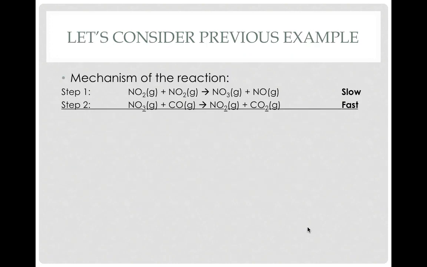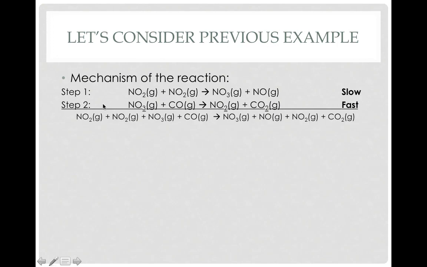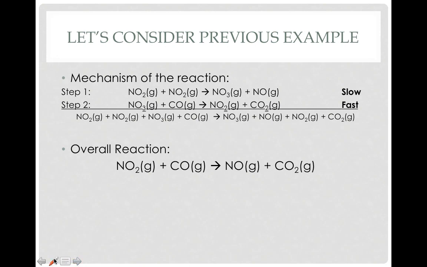So if we consider the previous example that we looked at, we saw that there were two steps. If we add these two together, we're going to find that NO3 cancels out, and that was what we classified as a reaction intermediate.